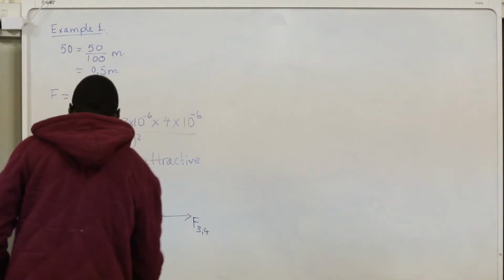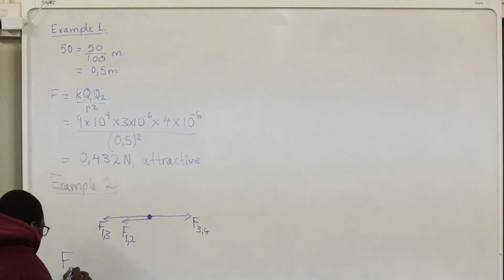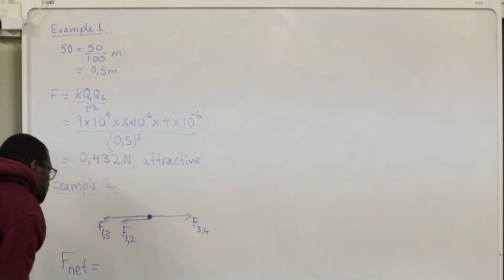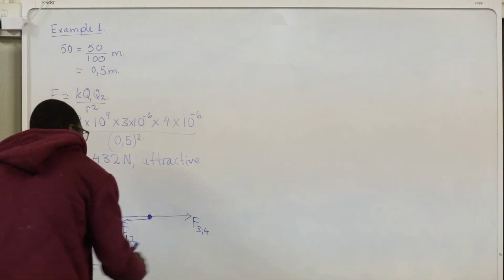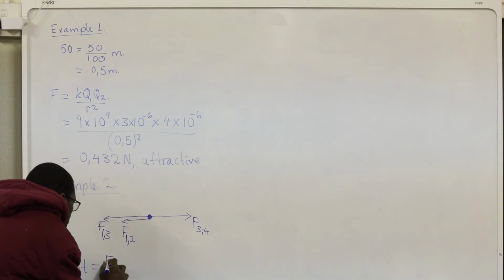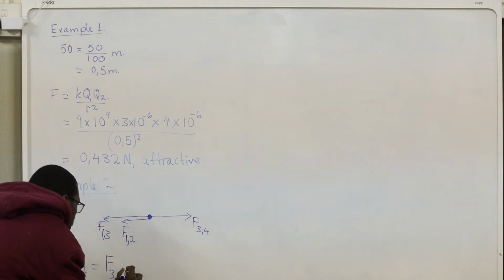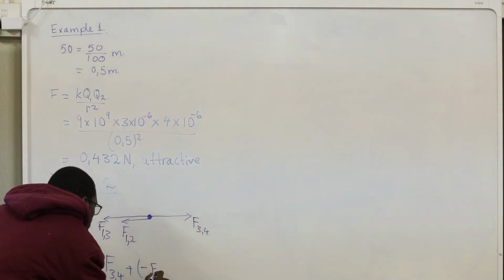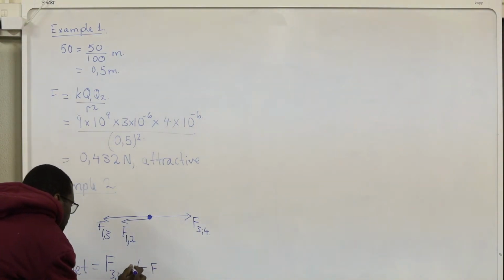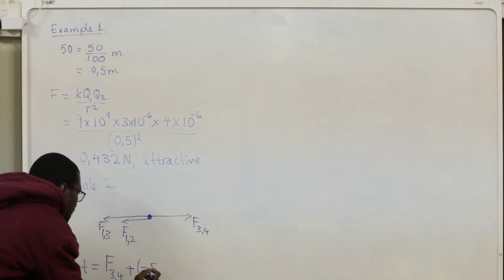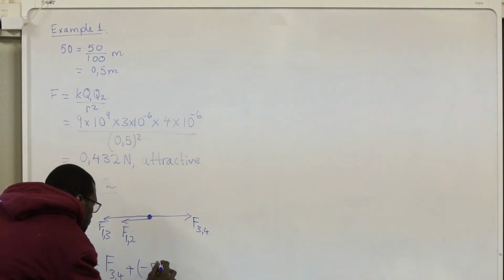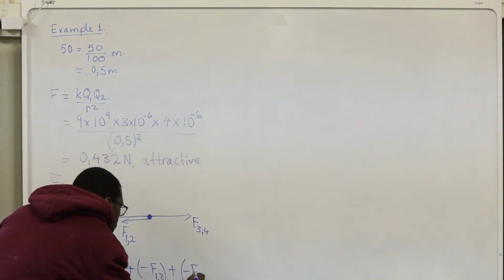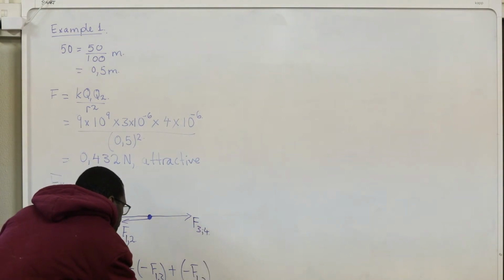And so our equation is going to be simply F net to calculate the net force is equal to, if I choose the right to be positive, F3,4 plus, minus, because this is in the opposite direction now, F1,3 plus, minus F1,2.